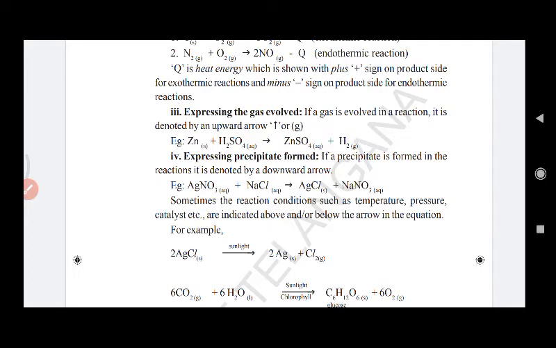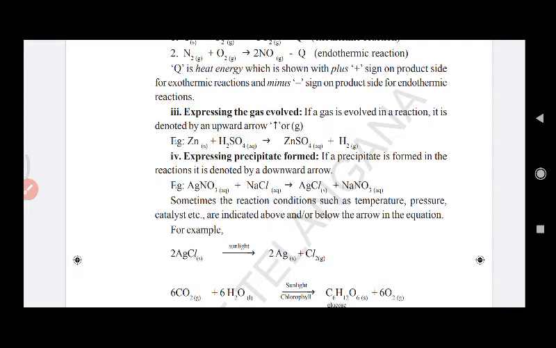Precipitate means the substance is not soluble in water and it will settle at the bottom of the test tube, so that substance we call a precipitate. If any precipitate formed during the chemical reaction, while writing the chemical equation we represent the precipitate with a downward arrow.